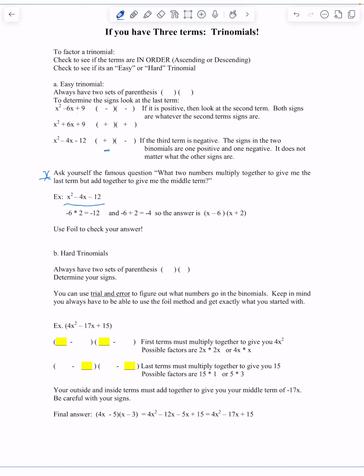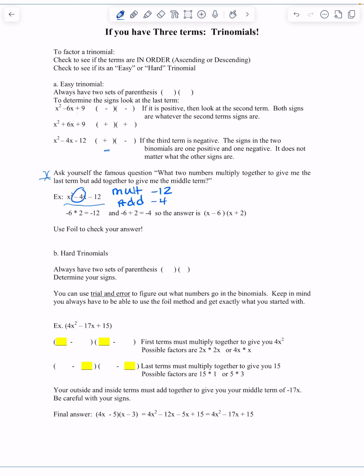What two numbers multiply together to give me negative 12, and add together to give me my middle term of negative 4? And we see that the correct answer is negative 6 and positive 2.